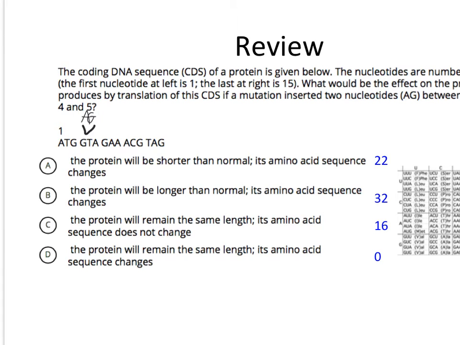So let's actually translate this really quickly. Is this eukaryotic? Did I say? I didn't. Let's assume it's eukaryotic. It's a coding sequence. So what's the first codon going to be? By definition, a CDS starts with methionine, the start codon. Okay, so that's M. After this insertion happens, what's GAG?